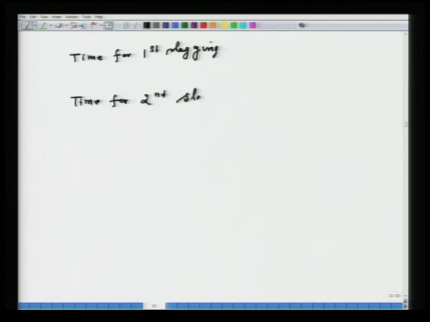So the time for first slagging, time for second slagging, and time for the blister copper formation stage.